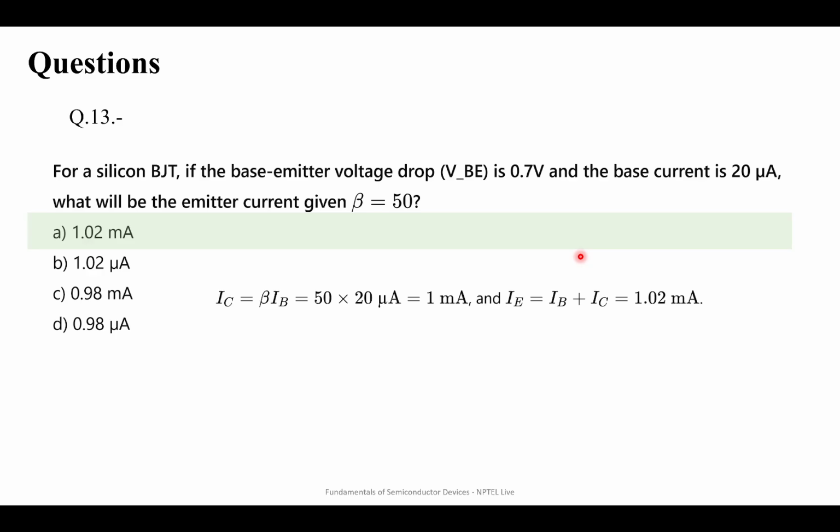The answer to this is A, 1.02 milliamperes. You can calculate the collector current using beta times IB, which comes out to 1 milliampere. And we just studied that your emitter current is the sum of base and collector current. So you add 1 milliampere plus 20 microamperes, you will get 1.02 milliamperes.